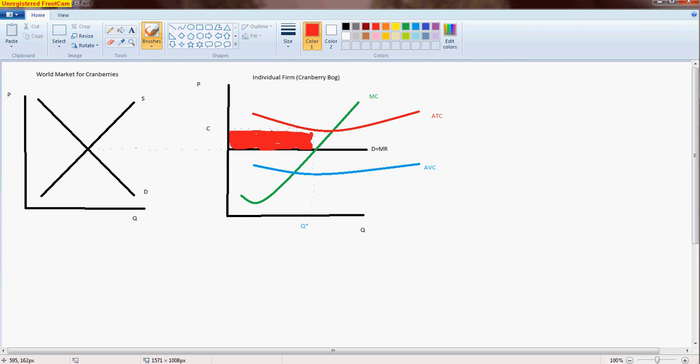But in conclusion, this graph is showing that this individual firm in the price taker market is making losses, and this is the area of those losses because the average total cost is above the demand curve, which means that the firm has costs that are higher than they can cover with the money that they're receiving from the price.